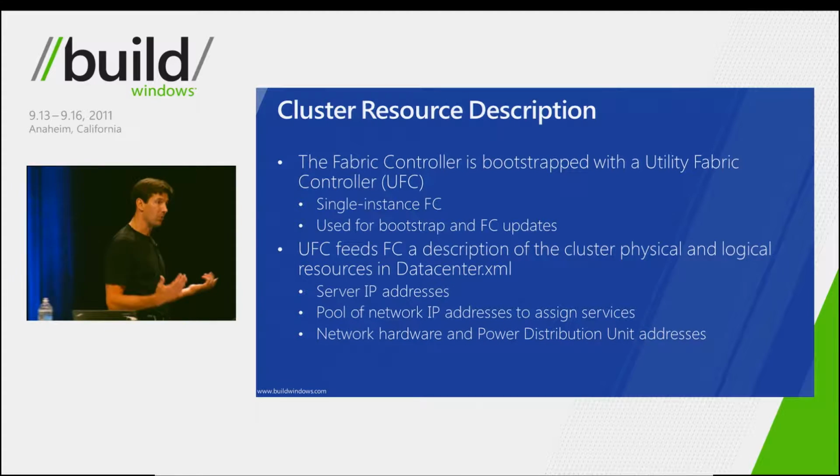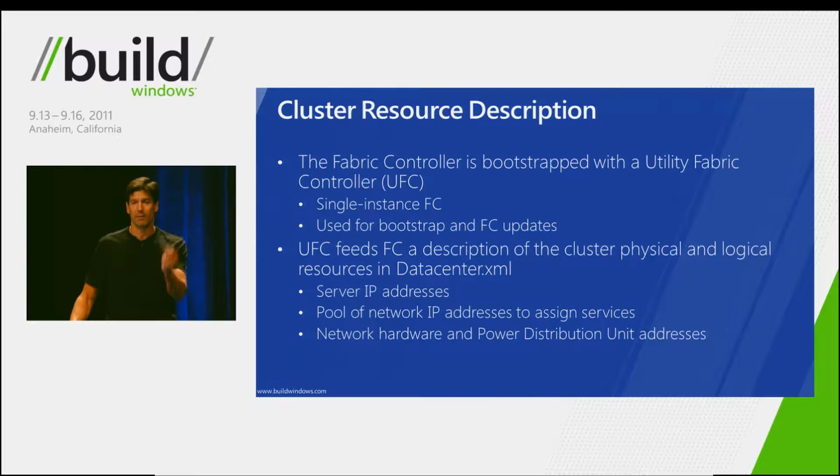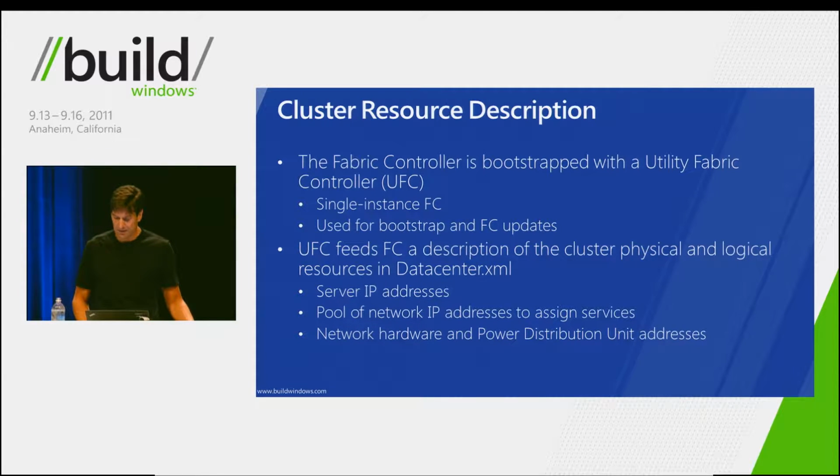Because it's not doing anything other than bootstrapping and updating Fabric controllers, it's really not important to the operation of the data center. So there's only one of those for lots of clusters. And this, like I said, feeds the Fabric controller a pool of hardware resources to manage.